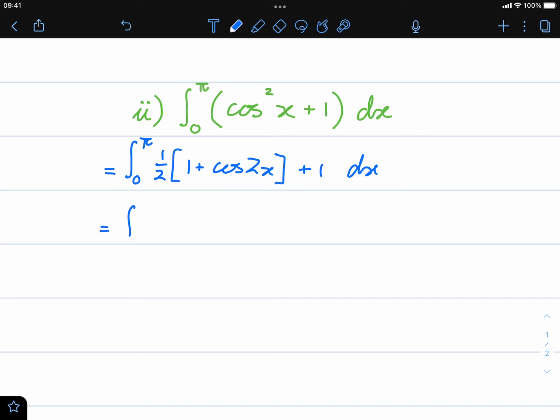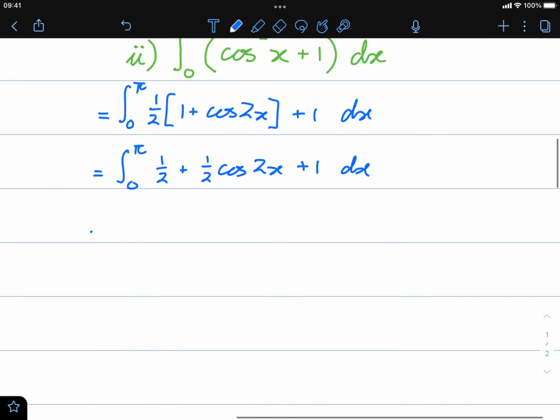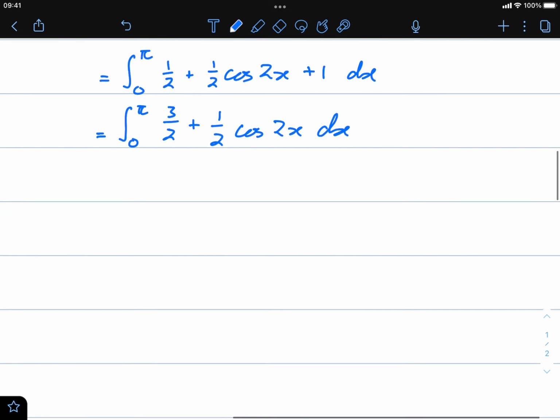For this, I'm going to expand. We get half plus half cos 2x plus 1, dx. Adding the 1, we get the integral from 0 to pi of 3 on 2 plus half cos 2x dx.